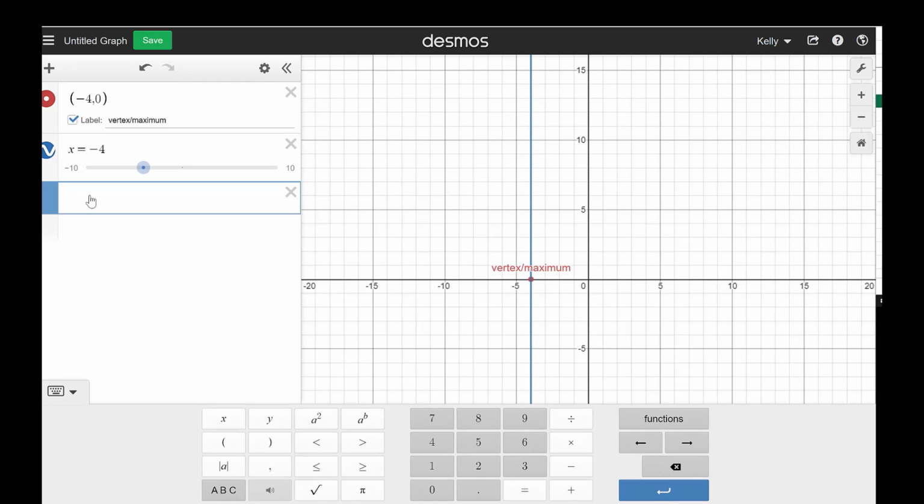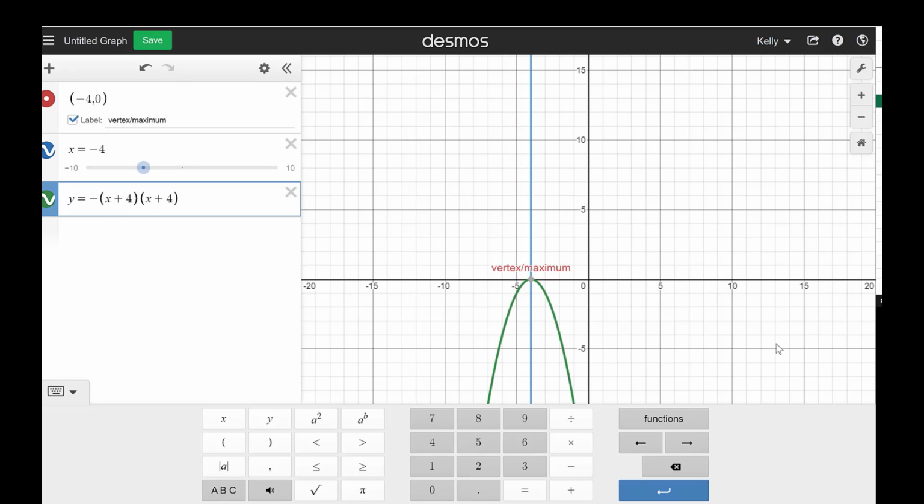So I'm going to say y equals x plus 4 times x plus 4. Okay, so that gives us the right vertex, but there's one thing that's missing. It asked us to open this downward, so I need to put a negative in front of it. There's the graph that they've asked us to graph.